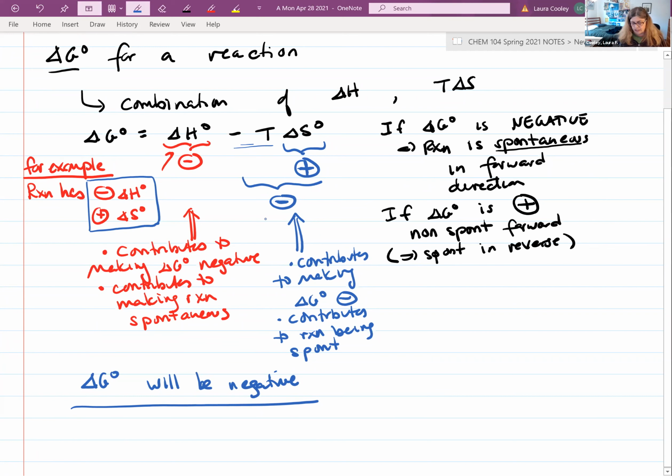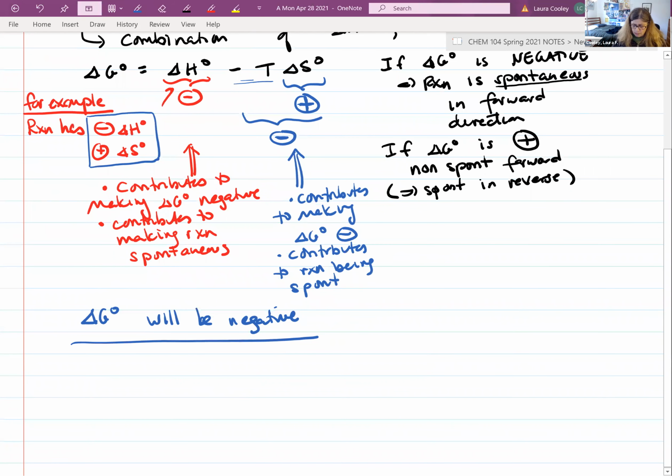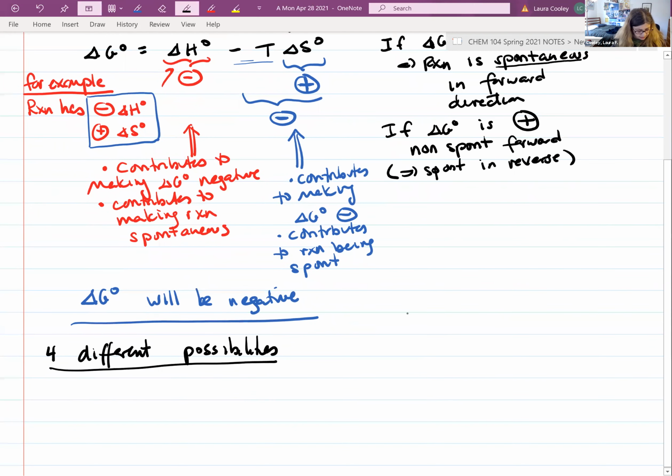So that minus T delta S term will obviously have a different sign than the delta S. Okay, but what I want to point out right now is that there are actually 4 different possibilities of combinations of delta H and delta S. Clearly, we can have the delta H0.